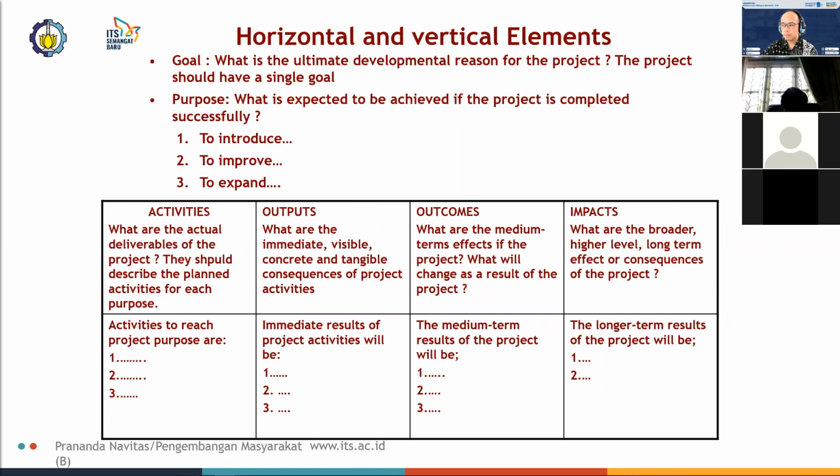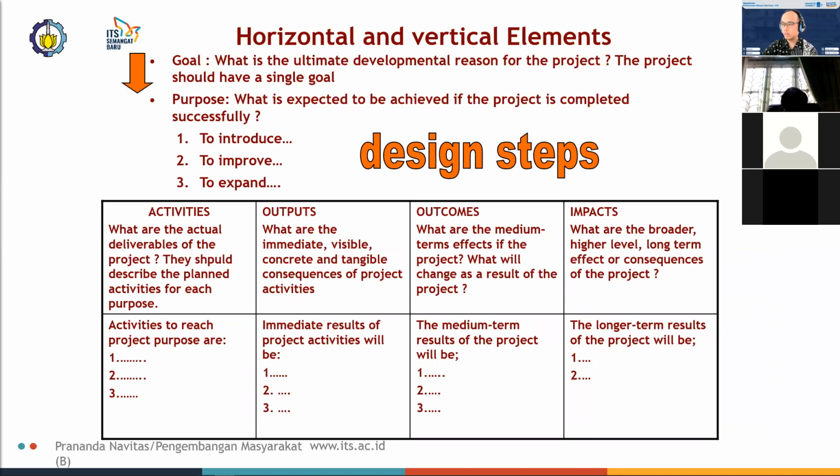So another way of arranging the goal, purpose, and activities in an RBM process is to have a look at the design steps. So this is what I meant by the horizontal and vertical elements. So first, the goal should help establish the purpose.